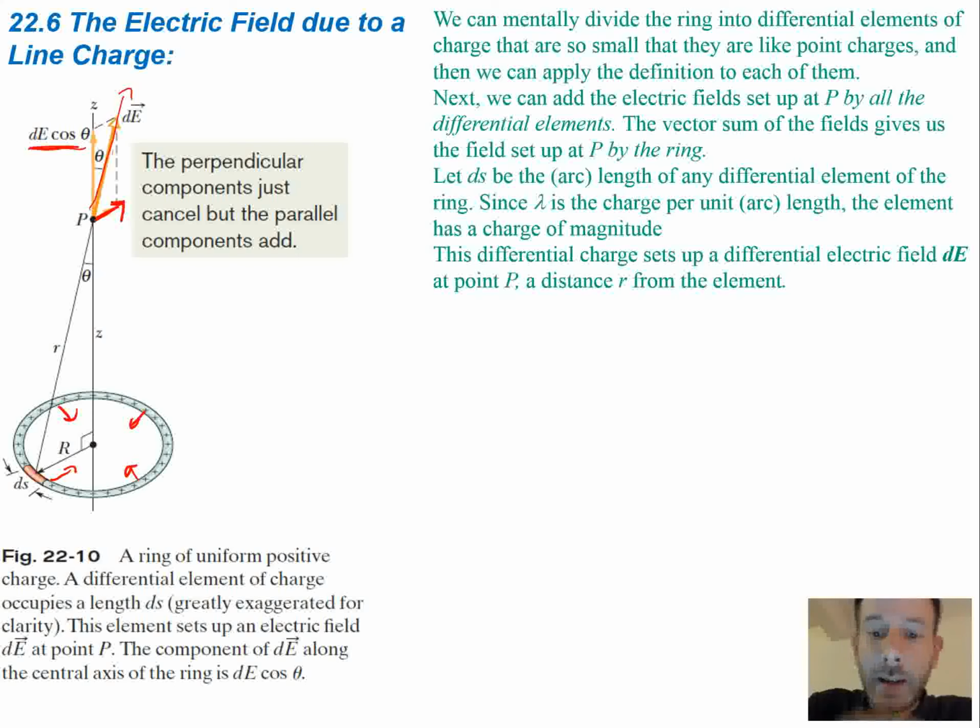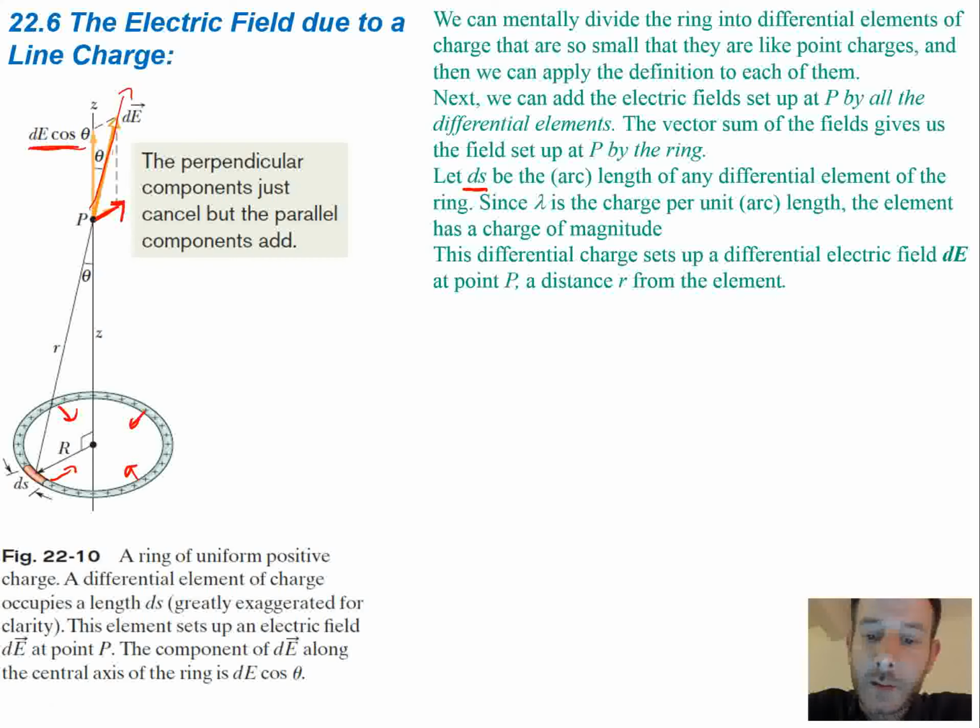All right, so we're letting ds be the arc length of any differential element. Anytime we're talking about arc length, we're going to use s. So ds is a differential arc length. We have a linear charge density, lambda, which is the charge per unit arc length.